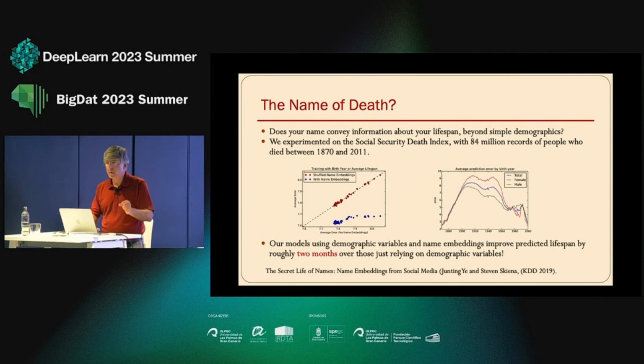What ethnic group are you in? What year were you born? Are you male or female? And then we added these name embedding features. When we did this, we were able to predict the average lifespan of people with about 2 months less error using the name embeddings than just the demographic variables.